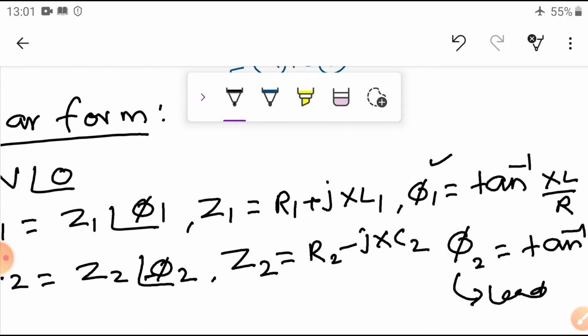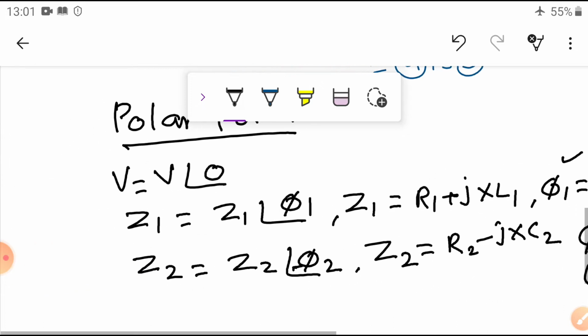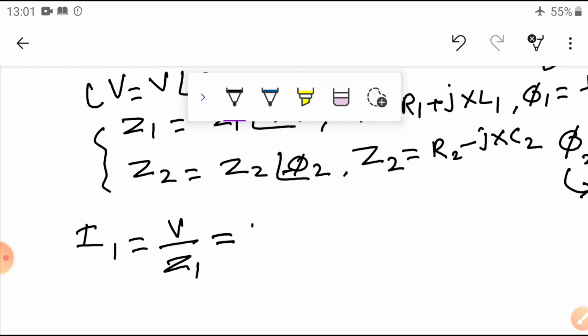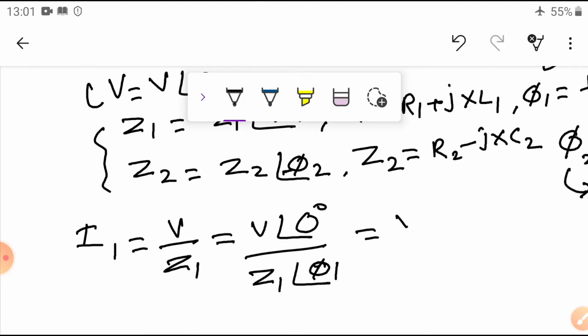If you know the Z values and you know the voltage value, then I am going to get the current. So I1 is equal to V by Z1. We know V at an angle of 0 degrees, Z1 at an angle of phi 1. So V by Z1 at an angle of minus phi 1, a lagging current.